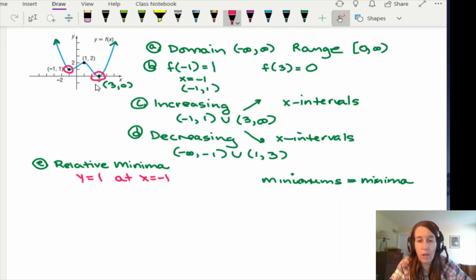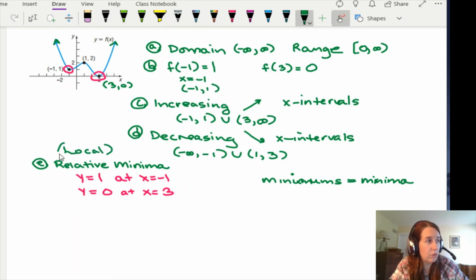And for the other one, the y value is 0, y equals 0, at x equals 3. Relative can also be said local. Relative and local just means it's the lowest point to either the left and the right of it.